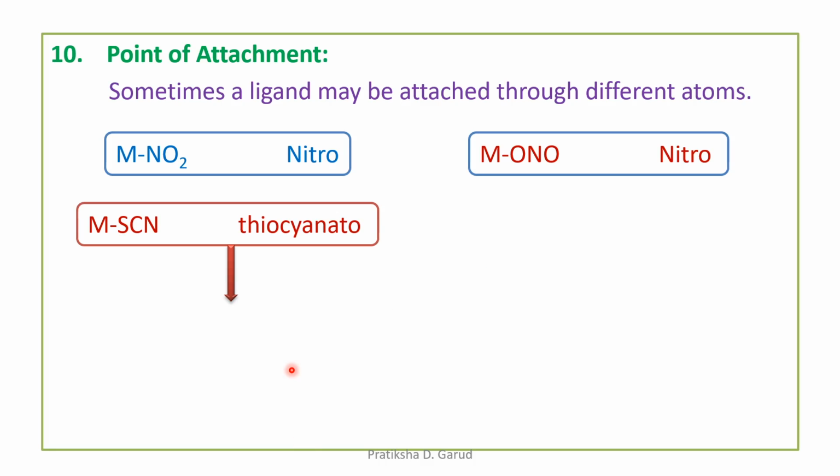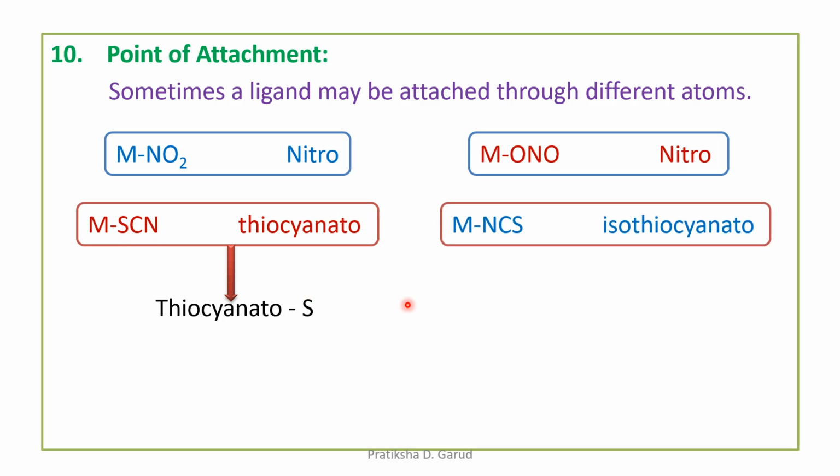This is also called thiocyanato S, because the metal is attached to S. Also, we have MNCS, the same ligand, but it is called isothiocyanato, or it is also named thiocyanato N. Why? Because this metal is attached to nitrogen. So we can say that the same ligand is attached through different atoms.